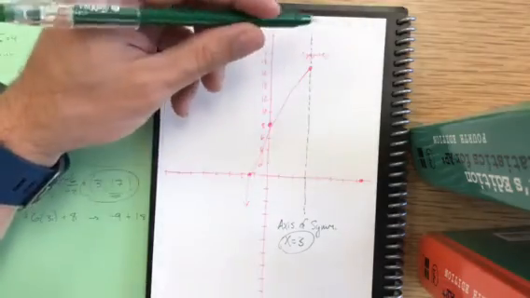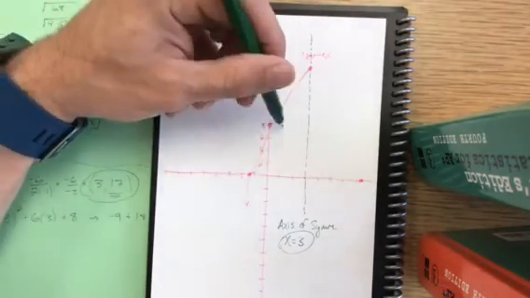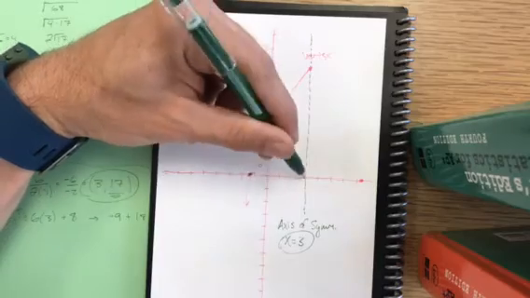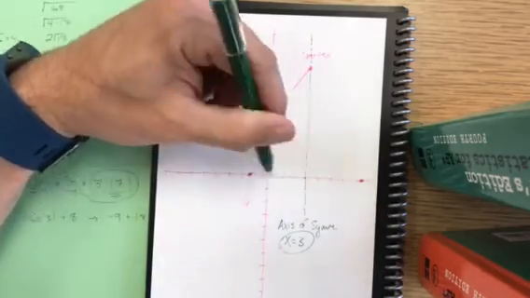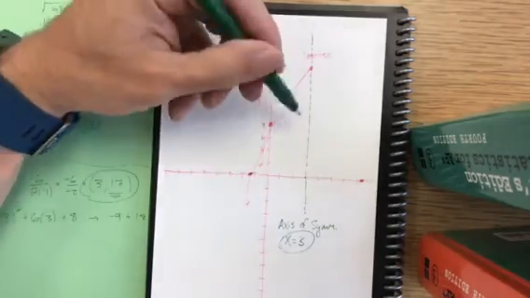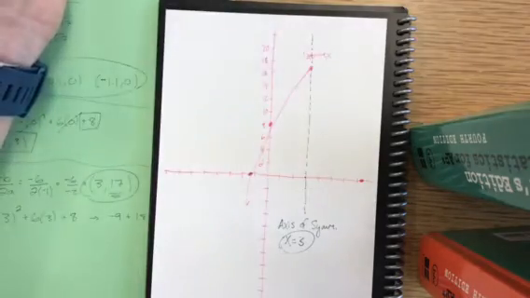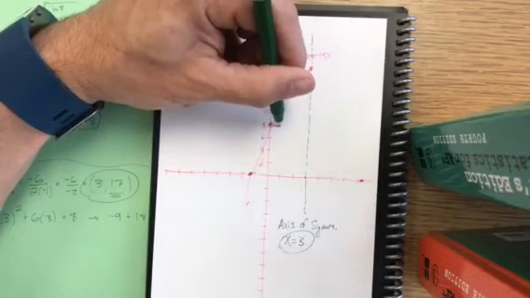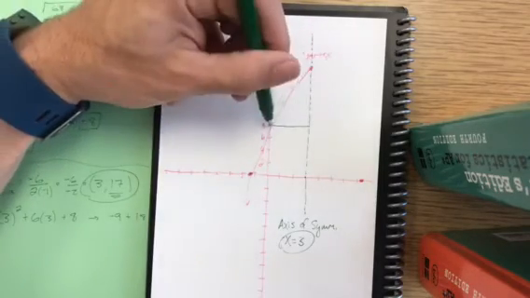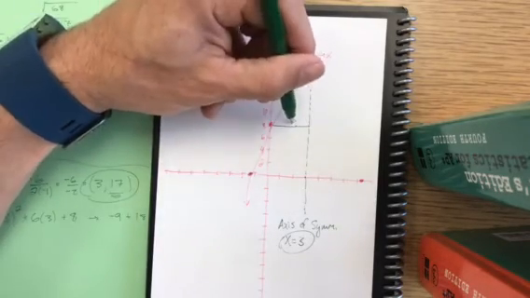Now in terms of the symmetrical point, I've got a point on the left side at 0, 8, that y-intercept, but I don't have a point on the other side. So my question is, how far away is that point from the axis of symmetry? It's 1, 2, 3 spots.